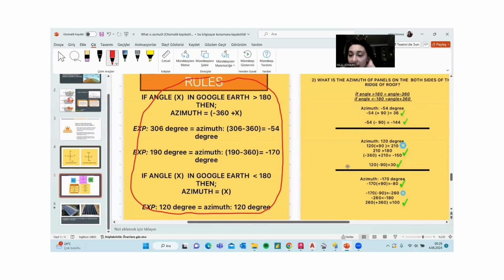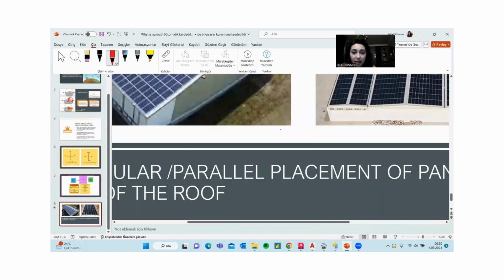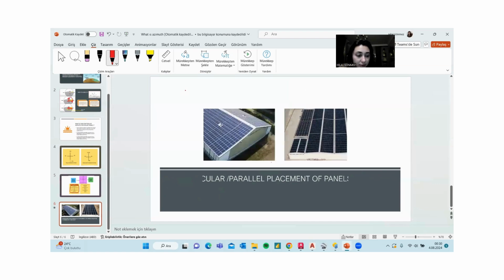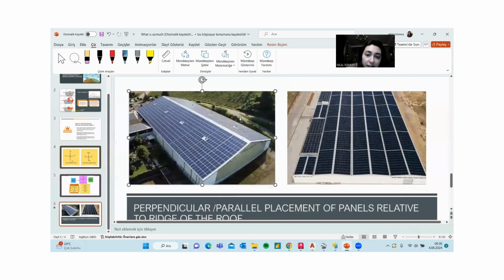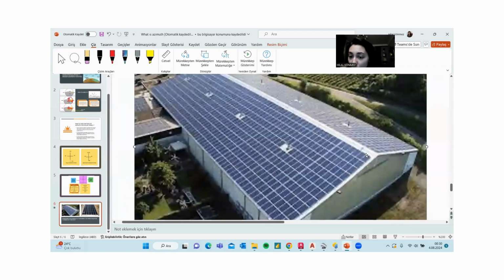What we will do? Actually, at that point, the placement of the panels is so important. What I mean with that sentence is that, for example, if we are placing our panels, I mean the width of our panels, along the ridge of the roof, we say we are making a perpendicular placement.